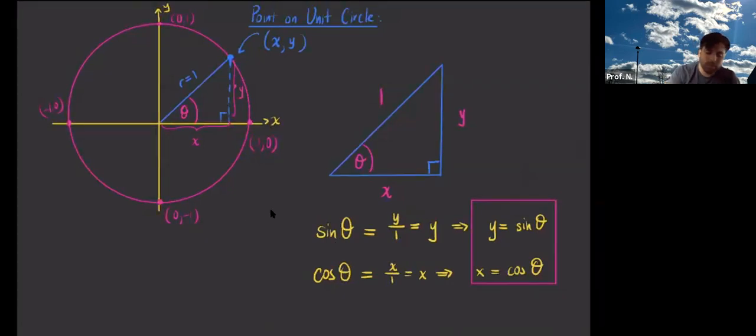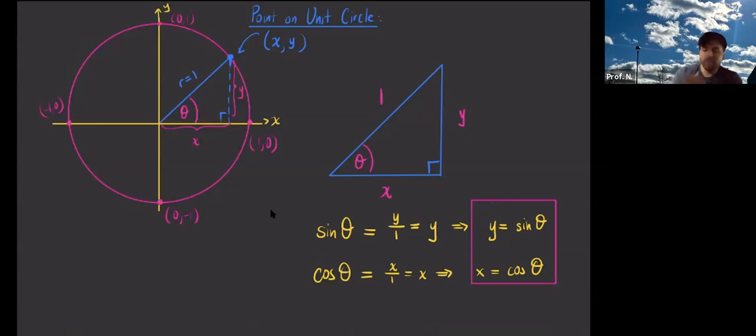So the unit circle has many points around it. And for every point you go around, it has coordinates. Those coordinates represent the angle that's made between the terminal side that connects that point to the origin and the positive x-axis.